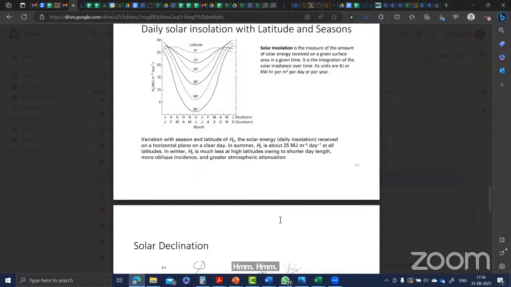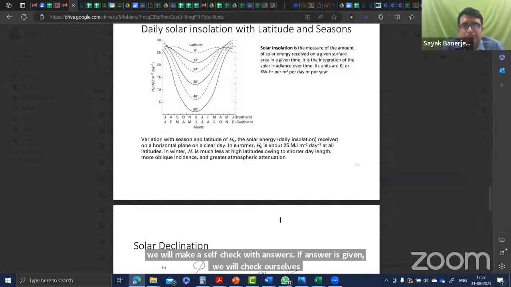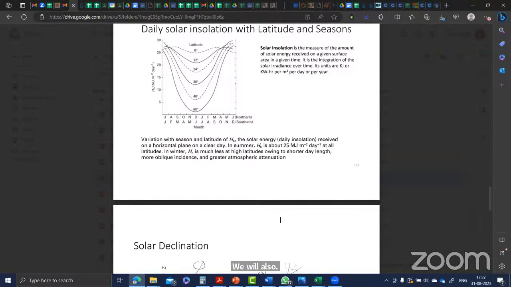If we get some tutorial with three or four questions per chapter, we will practice by ourselves and do a self-check with answers. We will also browse and study further material if we are not getting the correct answer. In that sense, it will be better.